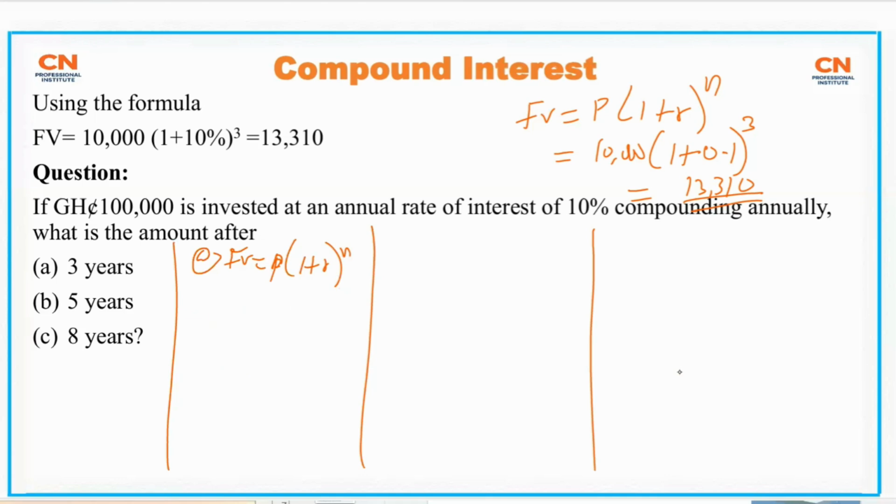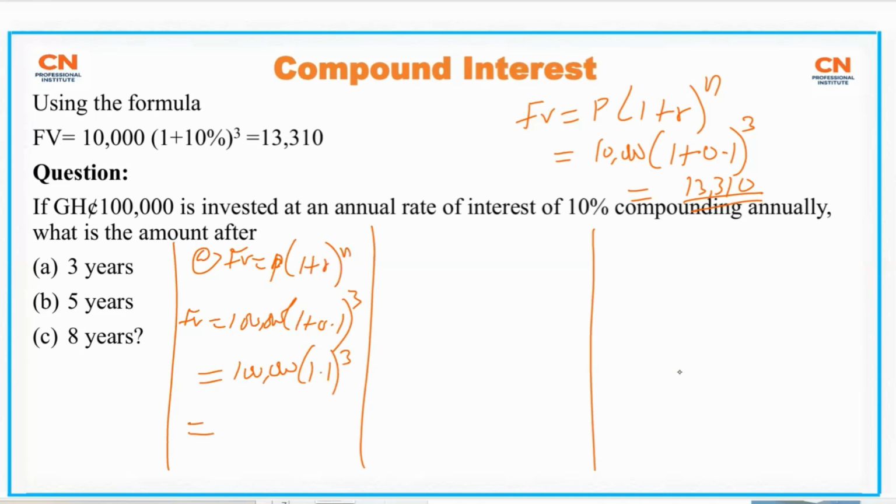So we have the future value equal to 100,000 into bracket 1 plus 0.1 raised to the power 3 years. If you do this, just take your time. Punch 100,000, then 1 plus 0.1 will give us 1.1, then raised to the power 3.